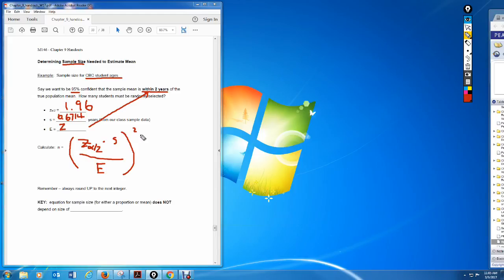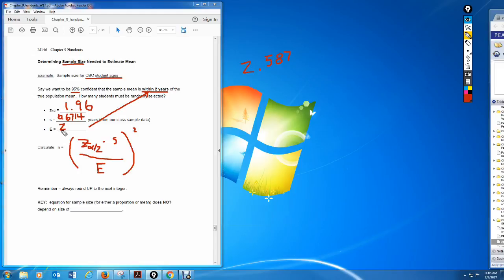Okay. So first of all, before we even calculate this, remember that the margin of error that we just calculated above with our sample size of 28 was about 2.587. So now we are saying we want E to be 2. We want it to be less.